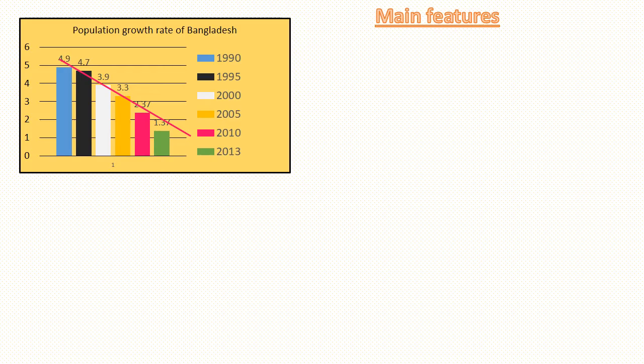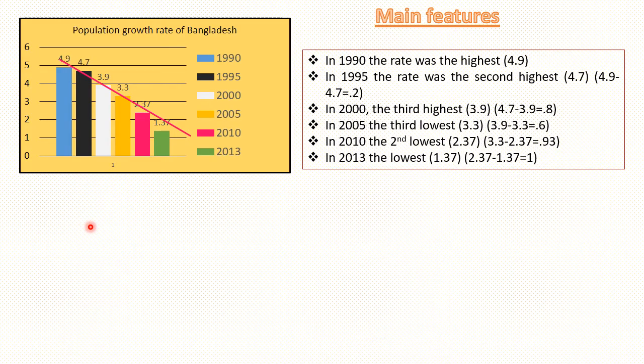And now the main features or body. These are the key points or the main features of the graph. This blue bar shows the population growth rate in 1990. In 1990, the population growth rate was 4.9%, and this is the highest percentage.